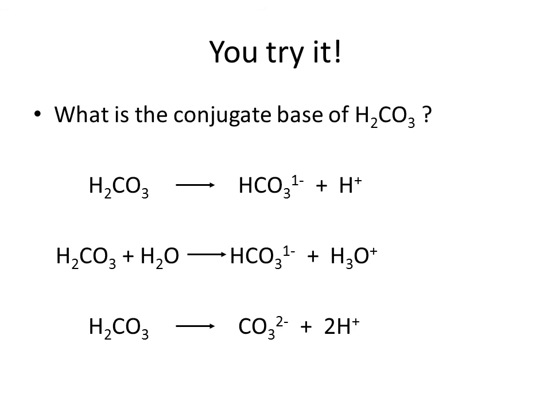Some people like to take both protons off, and that's valid too. This is called a diprotic acid, and it does lose 2 protons, not all the time. It will lose 1 and it will lose 2 at any point in time.